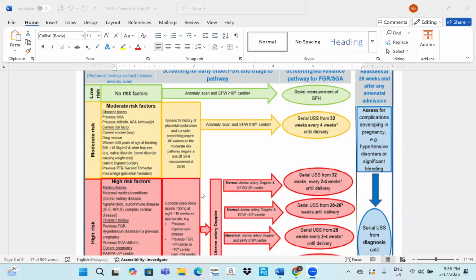Now for this patient, you have to do uterine artery Doppler as well. Clear? But if it is more than or equal to the 10th centile and no risk factor, then you just plot her serial symphysiofundal height measurement starting from 24 weeks, but you should have done at least one at 28 weeks. Okay.